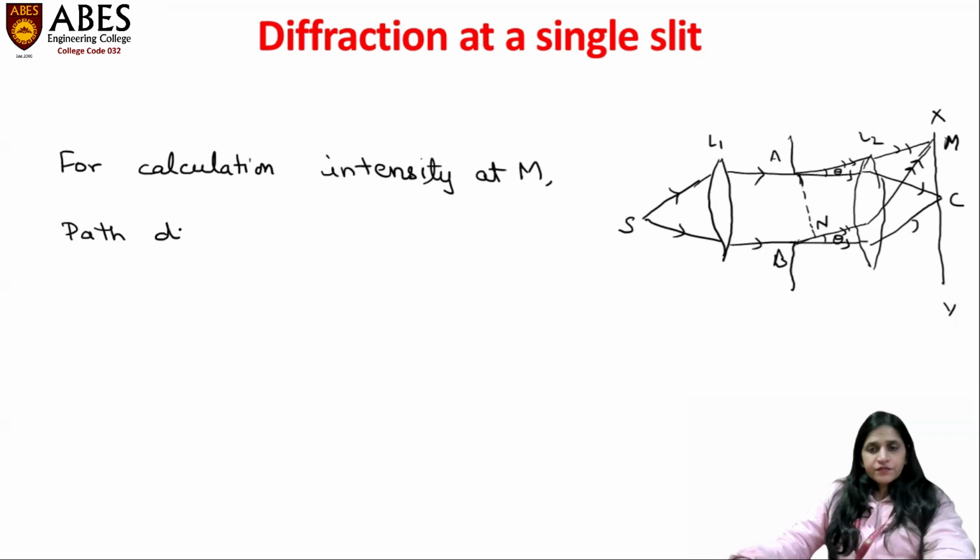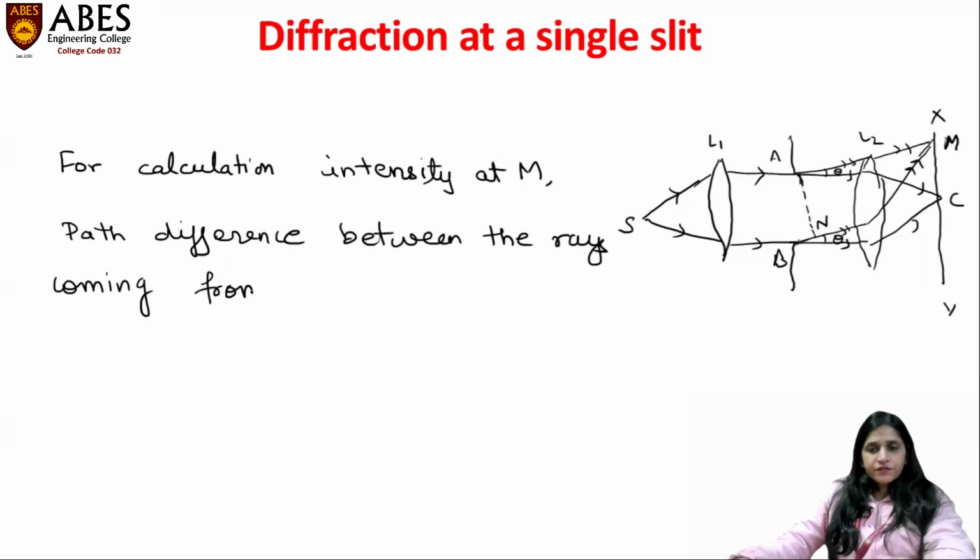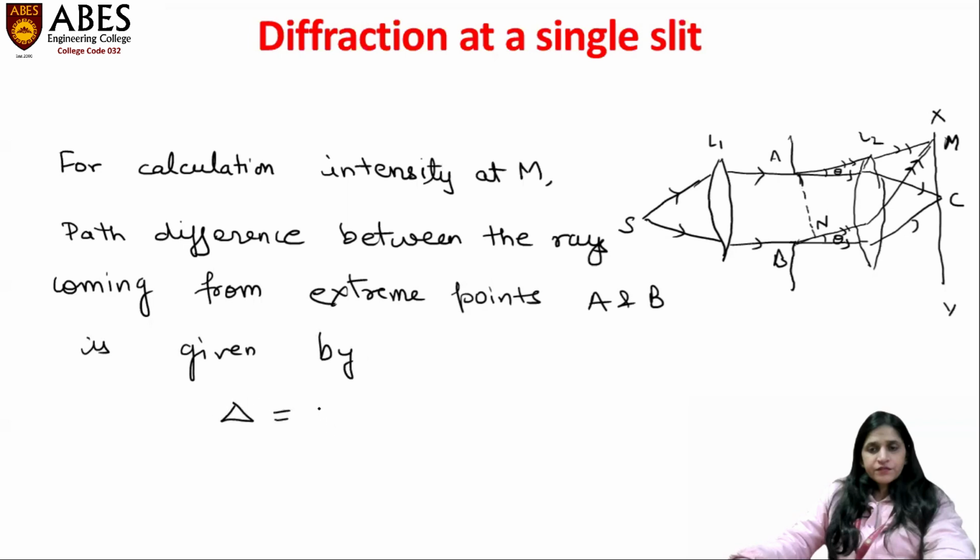The path difference between the rays coming from extreme points A and B is given by delta equals BN equals AB sine theta.